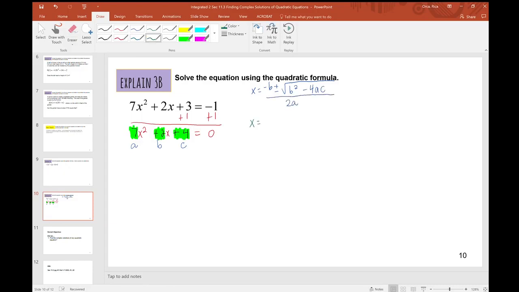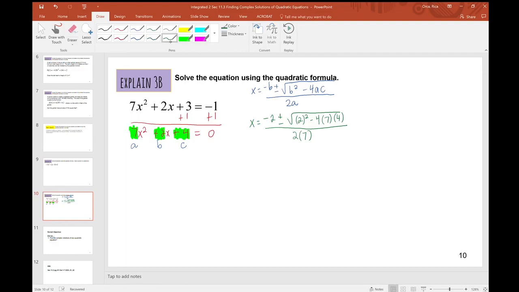And from here on out, we're just plugging the numbers in and simplifying. So x equals negative 2 plus or minus the square root of b is 2 squared minus 4, a is 7, and c is 4, all over 2 times 7.